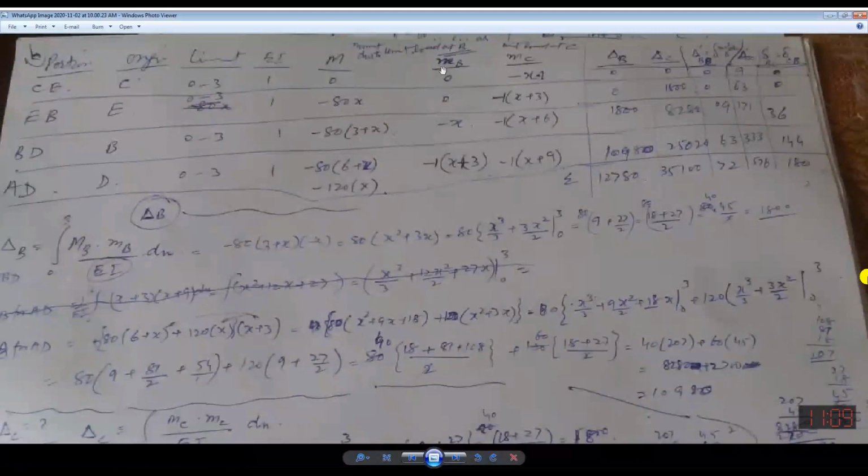Moment effect due to unit load at C. Okay? Now, if you apply the unit load at B, then just keep the basic figure with you. For CE it is 0.